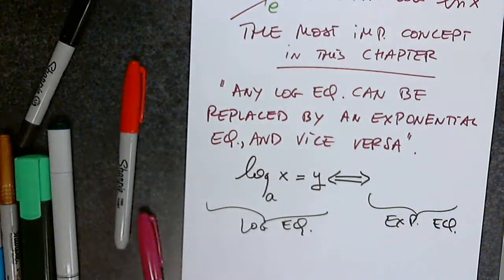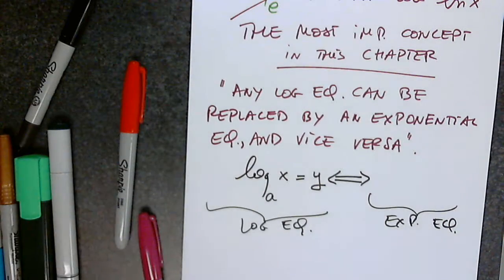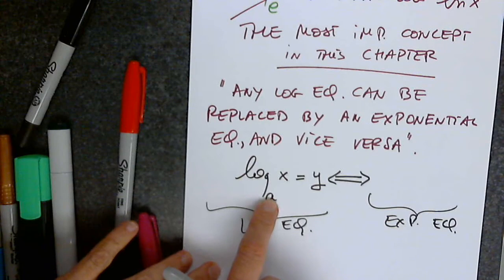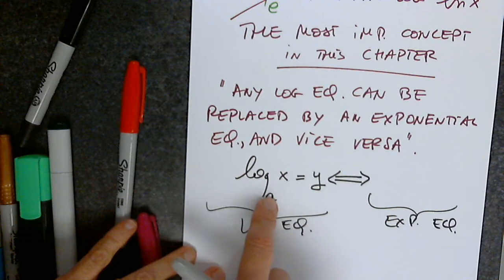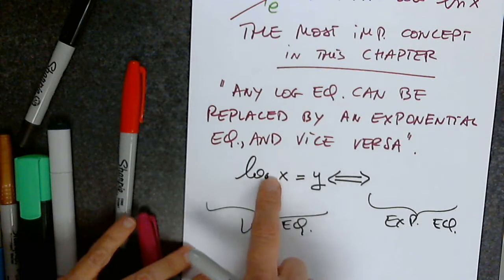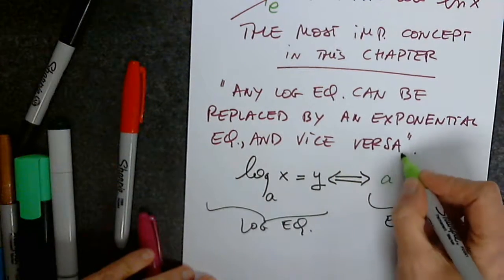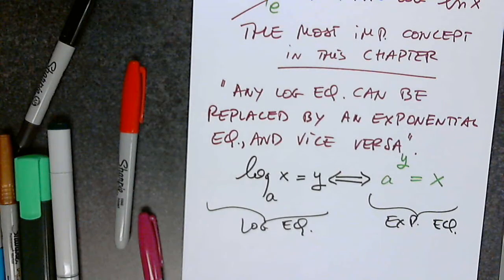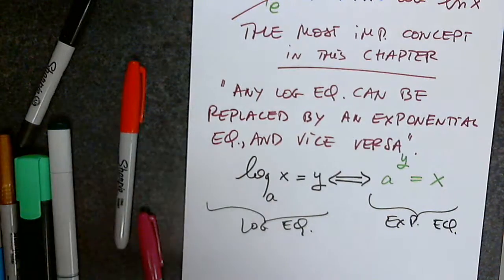Here's how we write the exponential equation. The base, so we go counterclockwise. The base raised to y equals x. This is the most important concept in this chapter. There are others, very important, but this is what I think is the most important one.